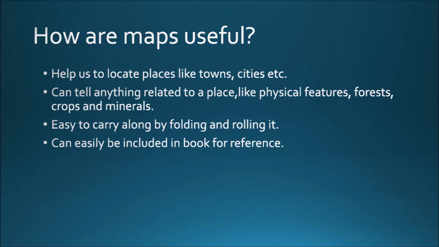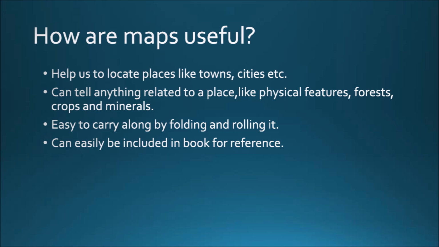Nowadays we have maps in our smart mobiles also. So from smart mobiles, if we are going to any place, we have to find any address, any particular area, we can open the map and find that place.